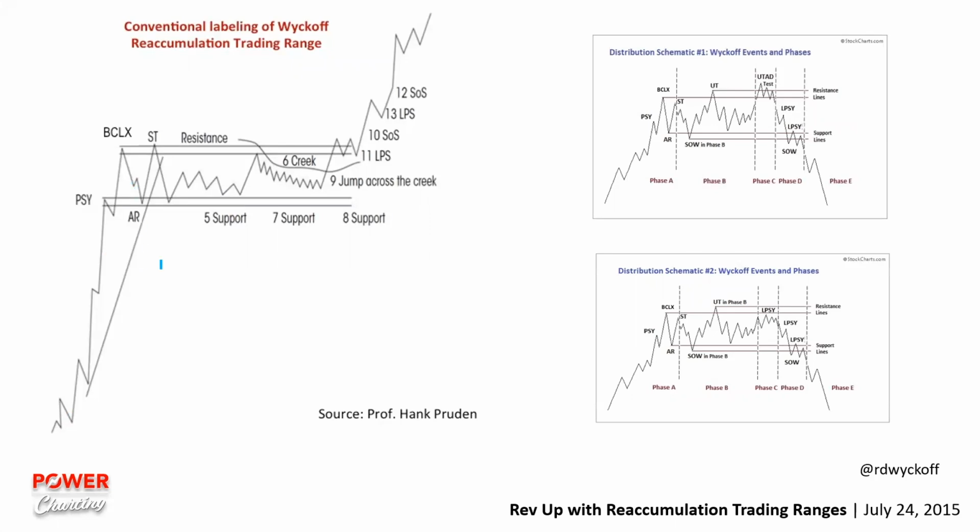Go back and watch last week's program on reaccumulations, and that is called the reaccumulation paradox, because sometimes it seems that a reaccumulation may actually be a distribution, which are these two schematics on the right, but in fact, it's just a preparatory phase for another advance.